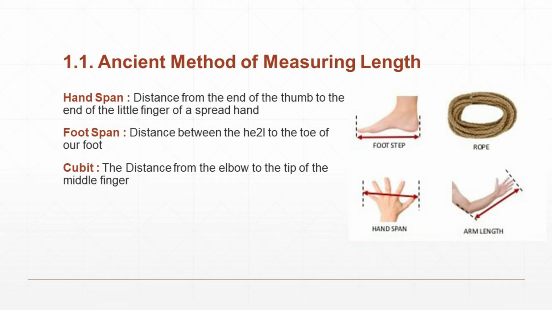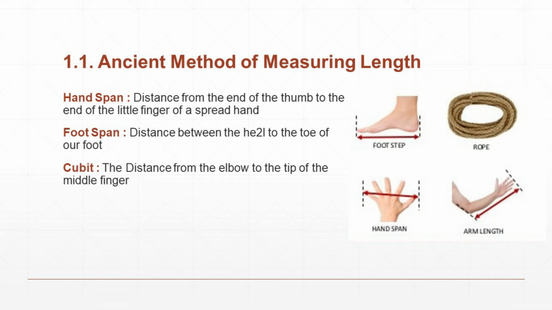So we used hand span, foot span, cubit, etc. What do you mean by hand span? Distance from the end of the thumb to the end of the little finger of a spread hand. You can see the hand span in the picture. That distance is called span.